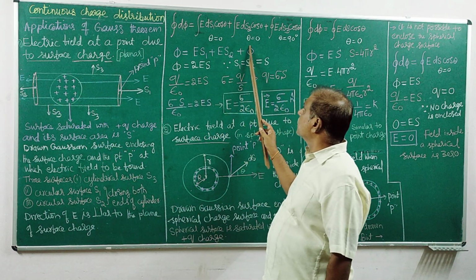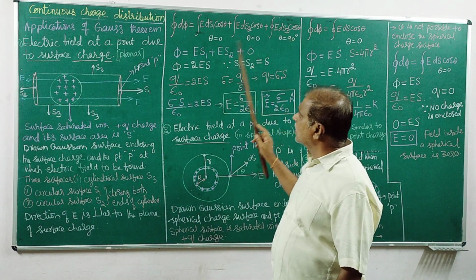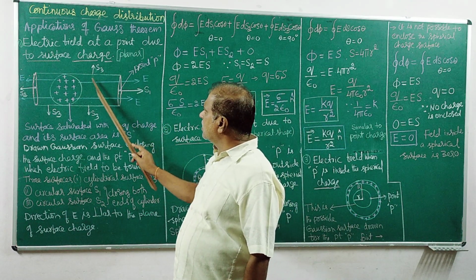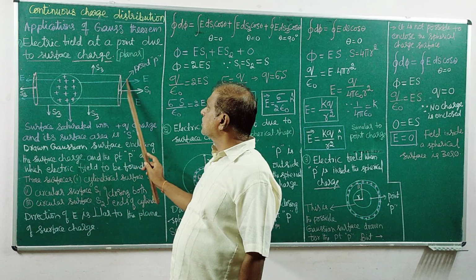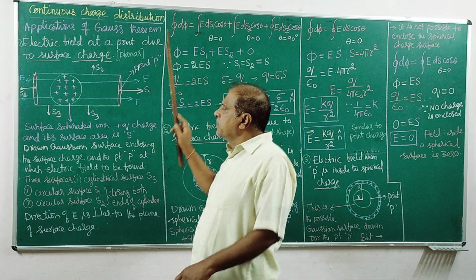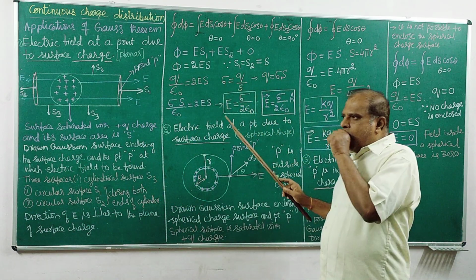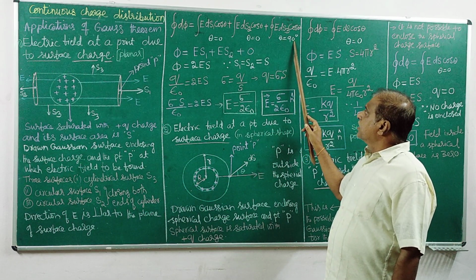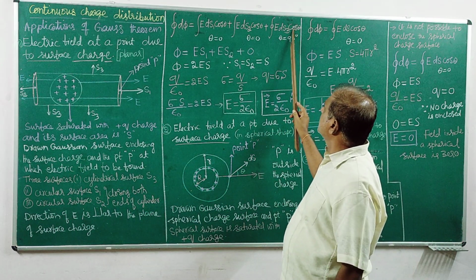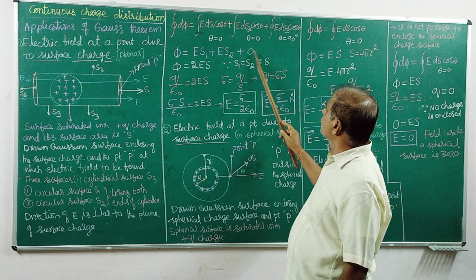Theta equals 0. But this vector, look here. This vector and this vector, field vector and area vector, are perpendicular to each other. That is 90 degrees. Theta equals 90 degrees. Then cos theta equals 0.